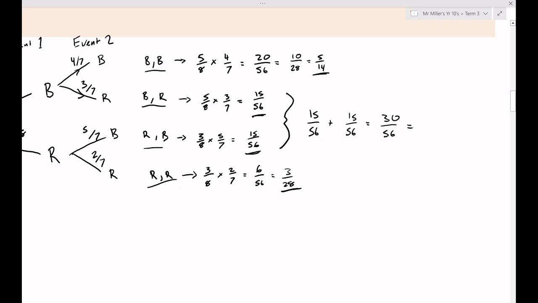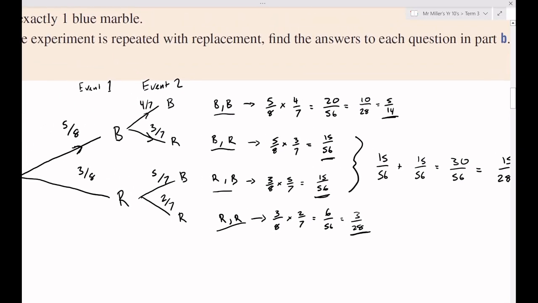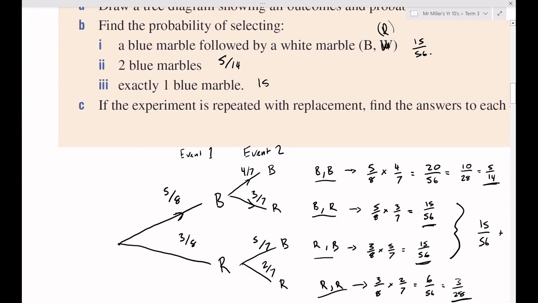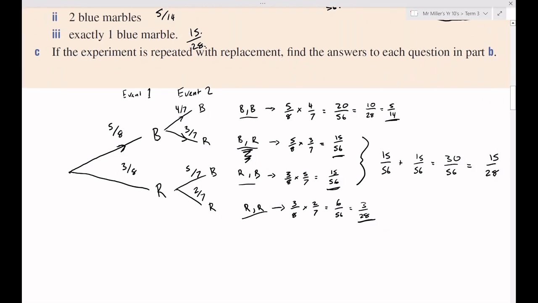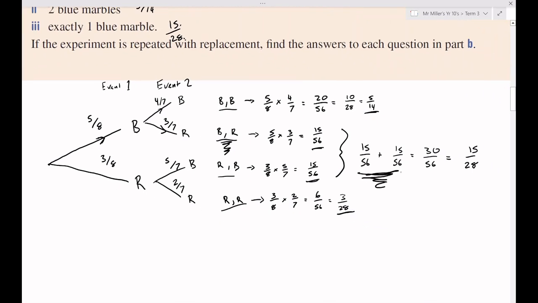That's going to be 15 on 28, I believe. But yeah, if we're looking for exactly 1 blue marble, there's 2 outcomes where we have exactly 1 blue marble. So the probability of this event is going to be the sum of the probability of those 2 events.